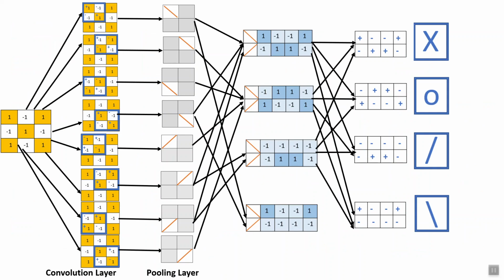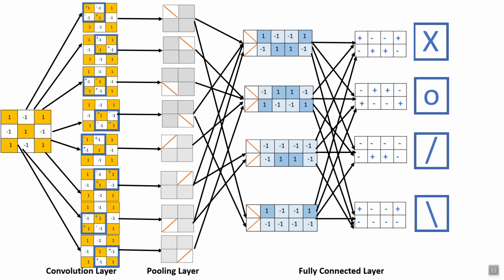Like this, for every layer, each filter gives you a score with this fully connected layer. Okay, the highest score is the X, so it wins with the 3 by 3 pixel X.